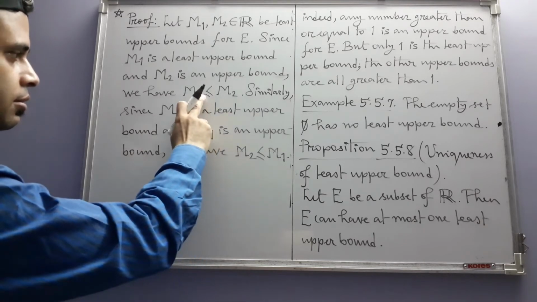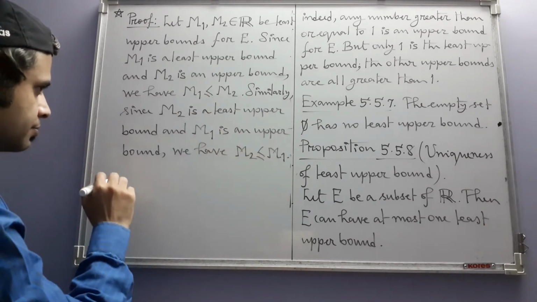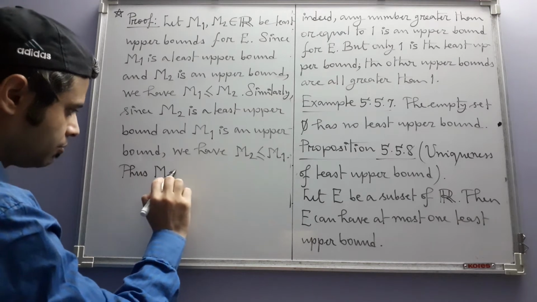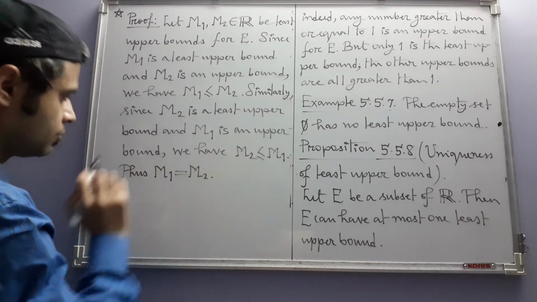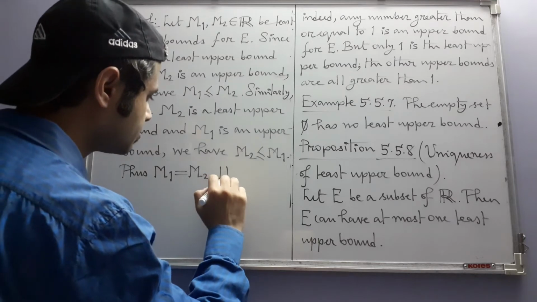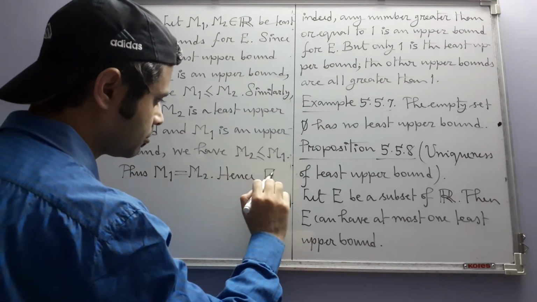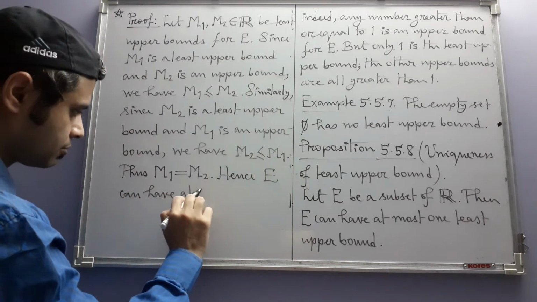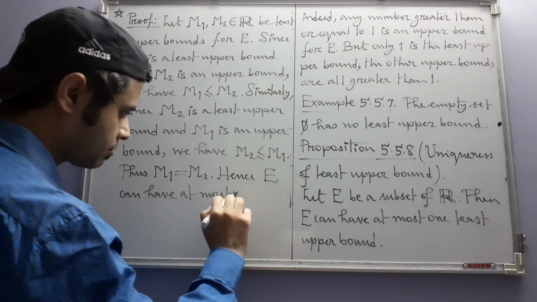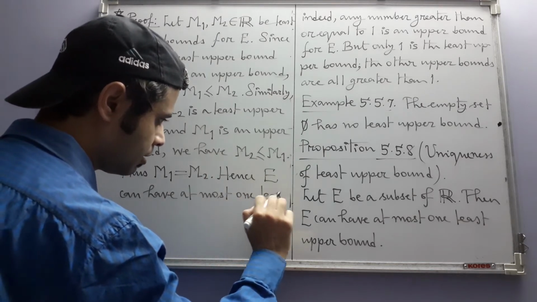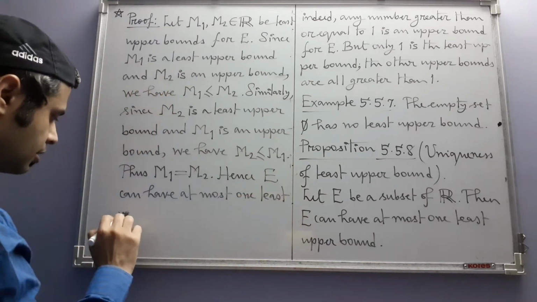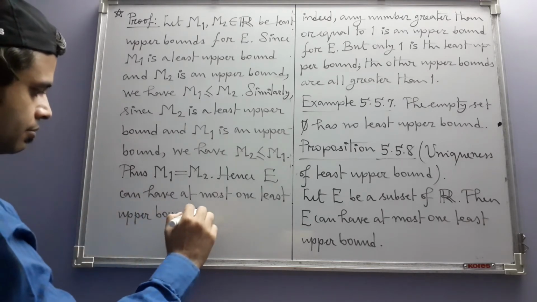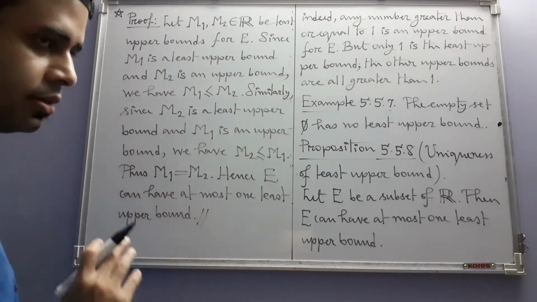That means M1 must be equal to M2. Thus, M1 is equal to M2. Hence, E can have at most one least upper bound. So this ends the proof.